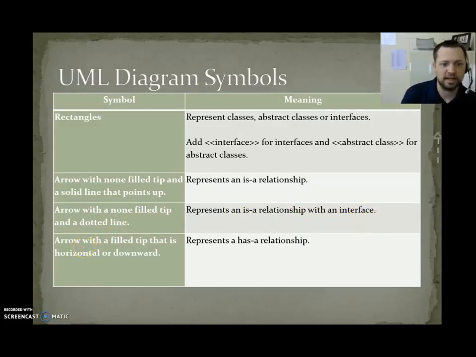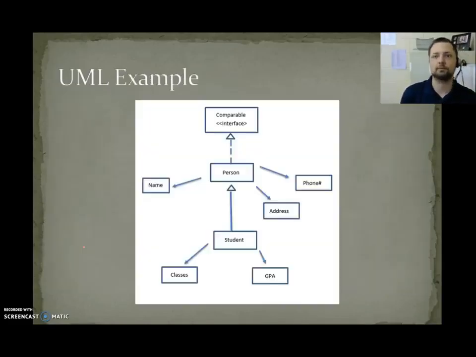An arrow with a filled tip that is horizontal or downward is a has-a relationship. Usually when you're pointing upward, you're pointing to things that you're derived from, and when you're pointing downward, you're pointing to things that you contain. Here's an example of a UML diagram. So we have a Comparable interface. A Person might be a Comparable.